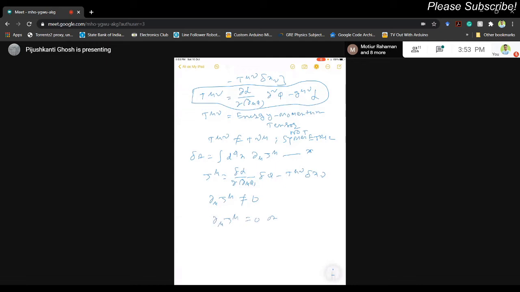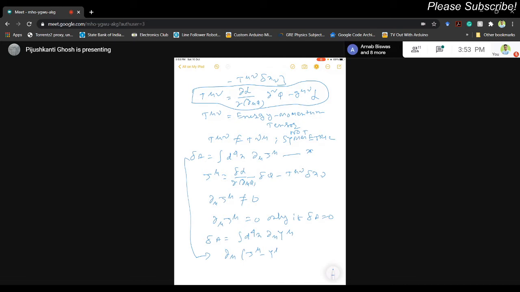Note that if delta A changes by a total derivative, say delta A is equal to the integral d4x del mu y mu, then with the condition that delta A is equal to 0, we can write it as del mu J mu is equal to 0.